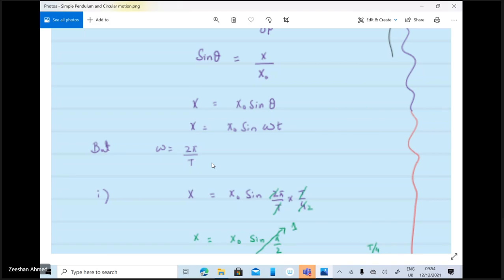So it will come back here and displacement will become 0. So this is how uniform circular motion and simple harmonic motion can be correlated. Clear?